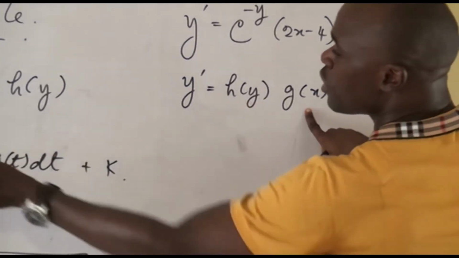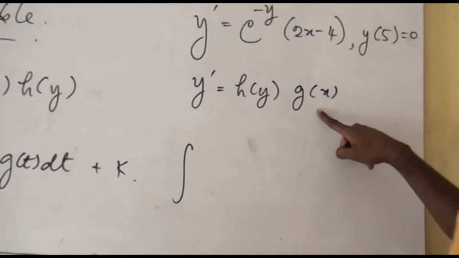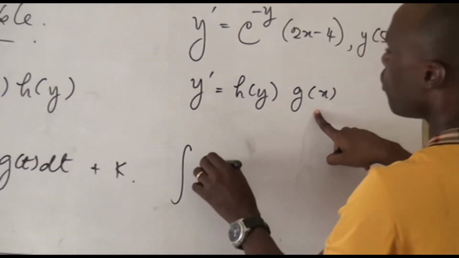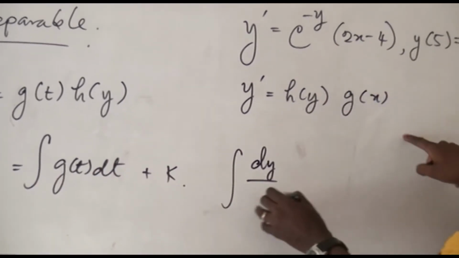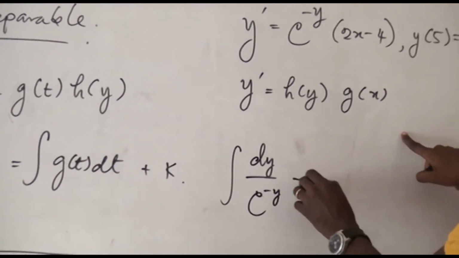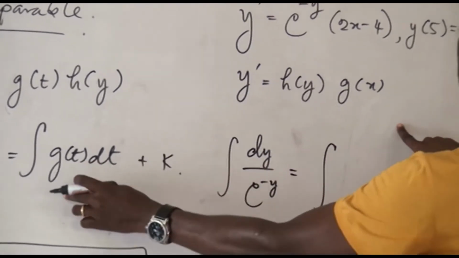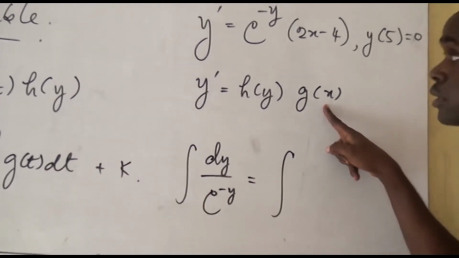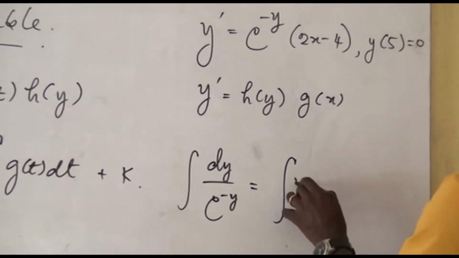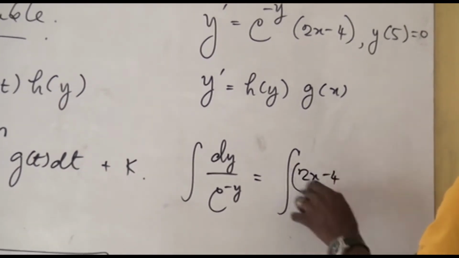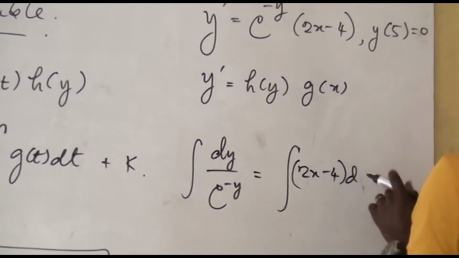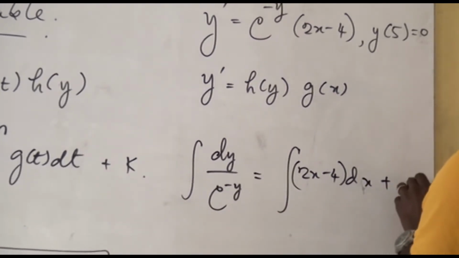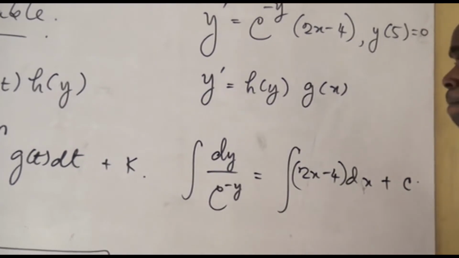So we can use this formula and have the integral of dy divided by our h of y, which is e raised to the power of minus y, equals the integral of g of t, which is g of x in this case, and that is 2x minus 4 dt, or dx in this case, plus our arbitrary constant.